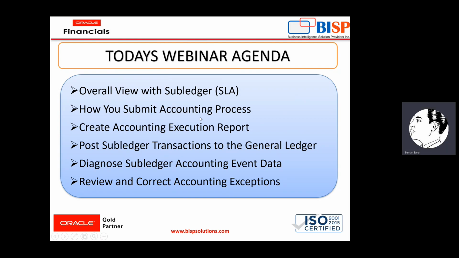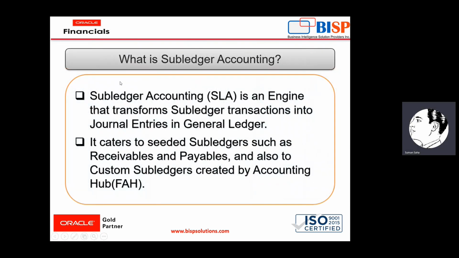Before going to the application, I will have some slides of subledger accounting. So what is subledger accounting? Subledger accounting is an engine that transforms subledger transactions into a journal entry in the general ledger, or say GL.